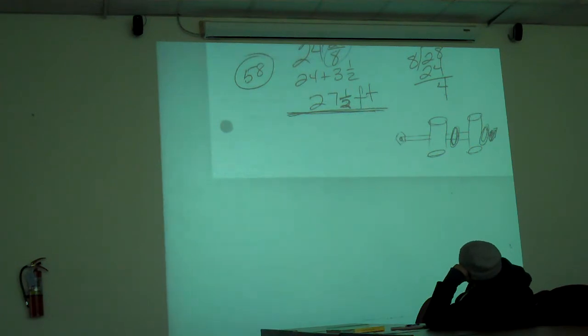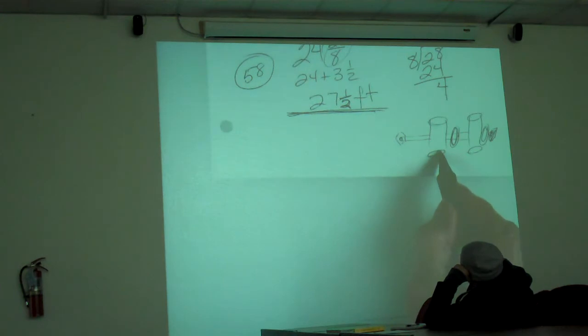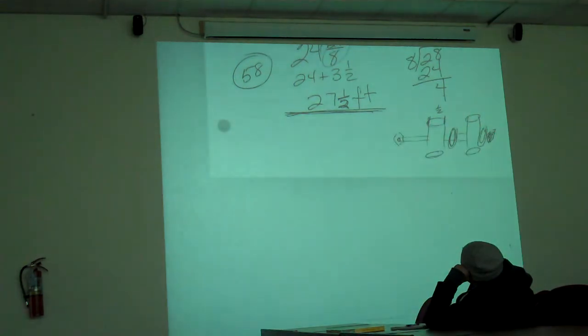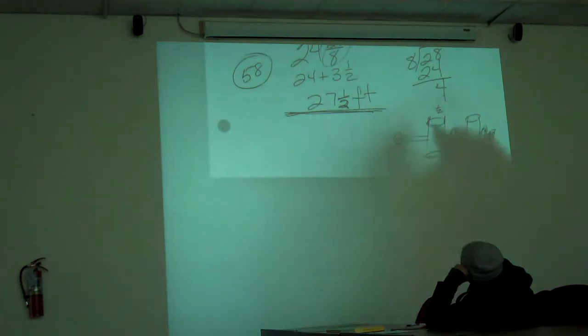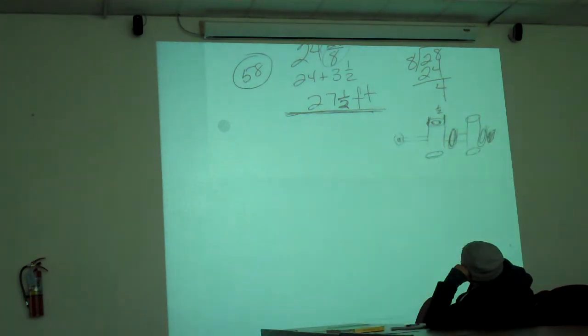If you read the word problem, it says, what's the smallest length of bolt that will pass through a piece of tubing with an outside diameter of 1/2 inch? Outside diameter is from side to side. It's not the inside part. It's from outside to outside.